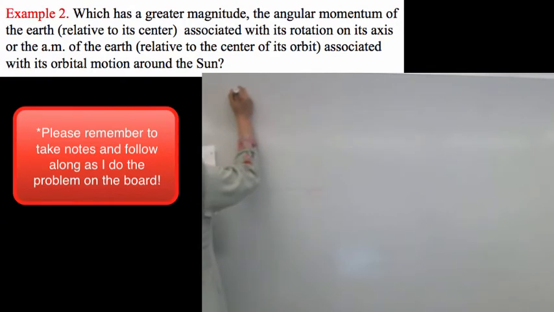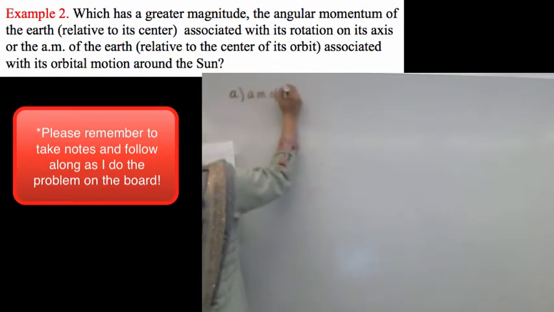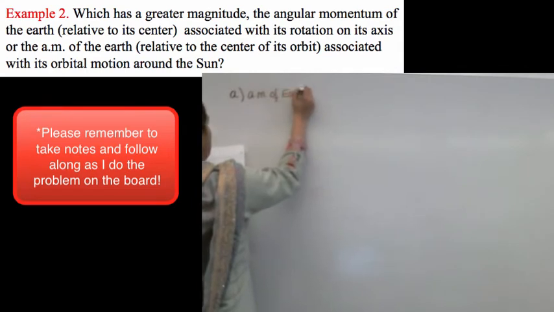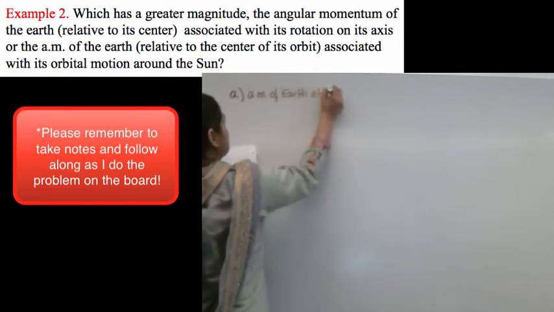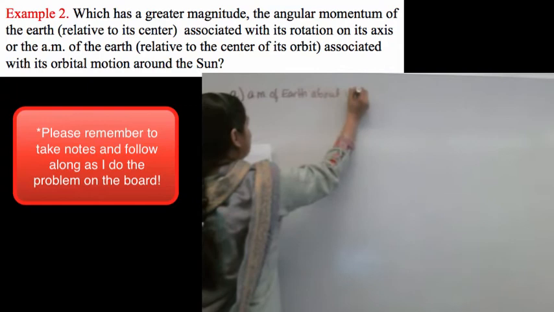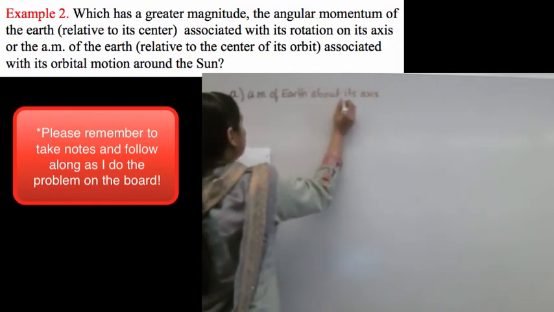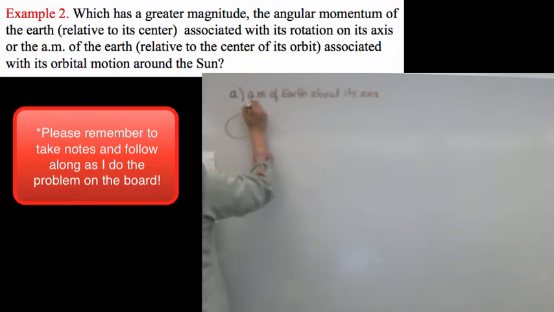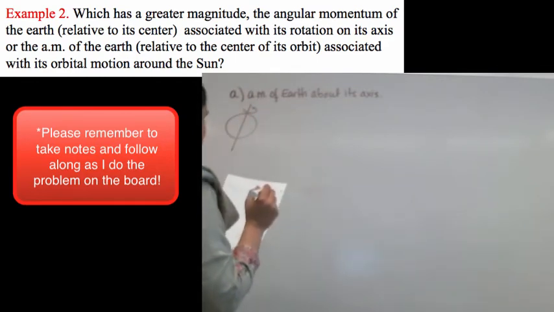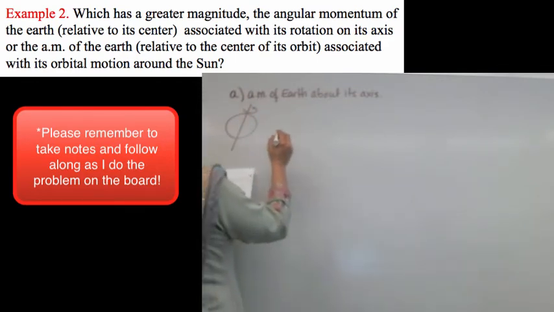So for part A, it's asking me the angular momentum of Earth about its axis. Okay, so here's my Earth, here's its axis, it's going around its axis, right? And it's rotating. So what do I know?